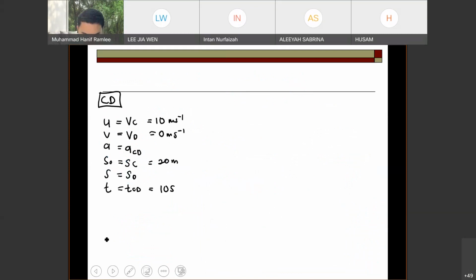Okay, same goes to this region. You have to determine the SD and also ACD. Can someone help me to calculate the ACD and SD right now? What is the value for SD and ACD? Using formulae.